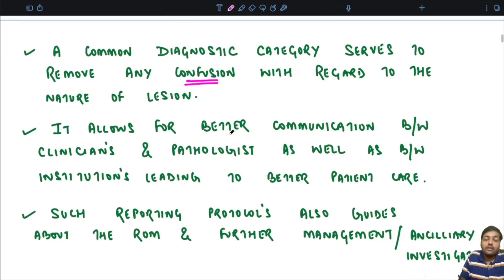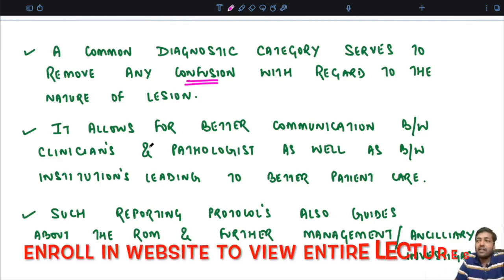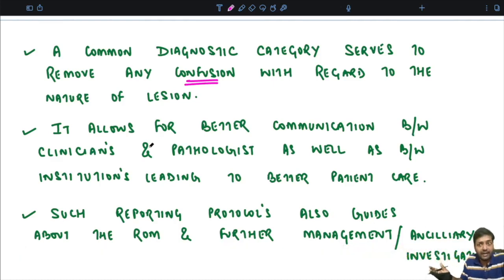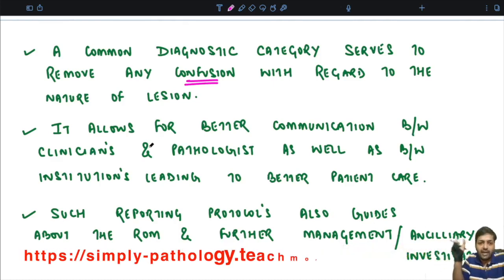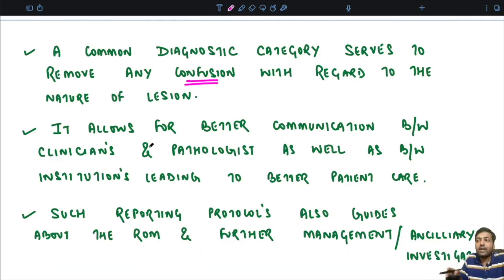Such reporting protocols allow for better communication between the clinician and the pathologist. For example, if a pathologist just gives a description and says it can be this or it can be that, that is unclear. But if I write a standard category, that it is a benign lesion, or an atypia, the clinician, when they see the report, will understand exactly what next step to follow.